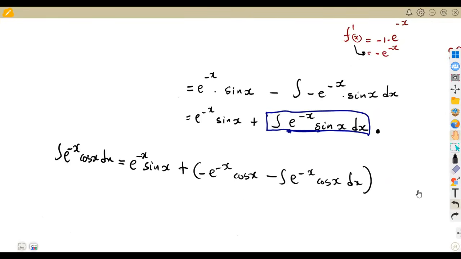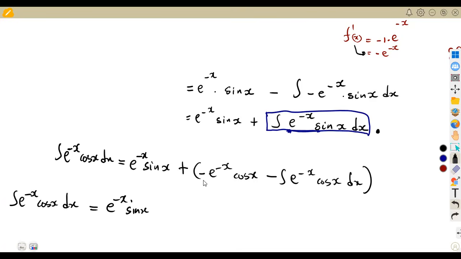And this is what you're going to see. You see that there are two expressions, or terms, that are the same. This integral and this integral are the same. So you have to take them to one side and combine them. But before that, we have to get rid of this sign, combine it to be a single integral. So this is the integral of e to the exponent of minus x, the cosine of x with respect to x, is equal to e to the exponent of minus x, the sine of x.